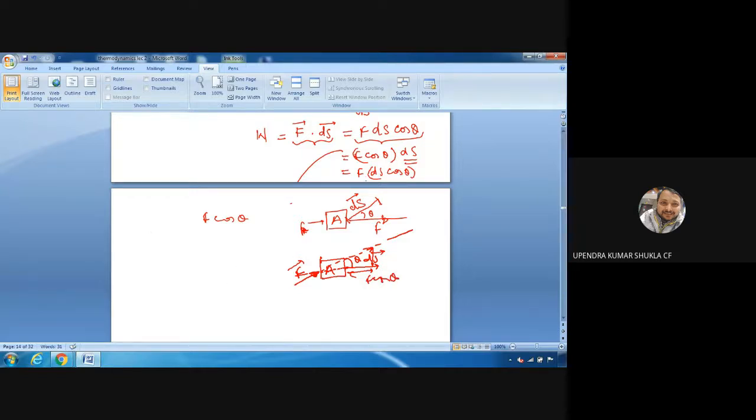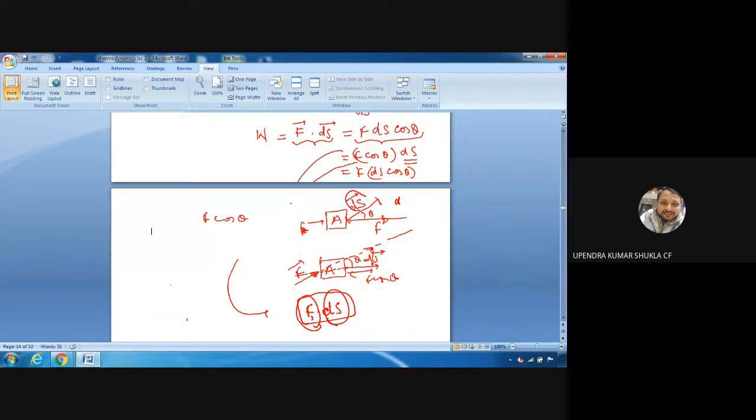Suppose we want to write it not in theta form, so I will write F and this vector ds. Now I did not write F cos theta here, but you must understand that F is the component of the force in the direction of ds.